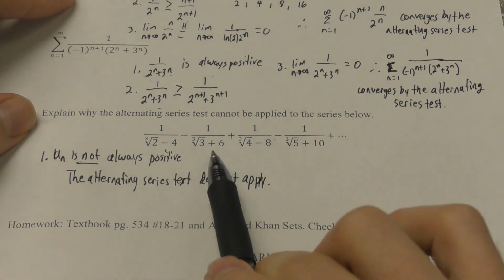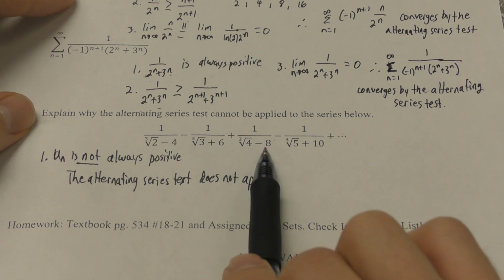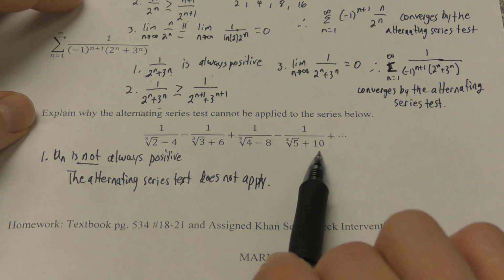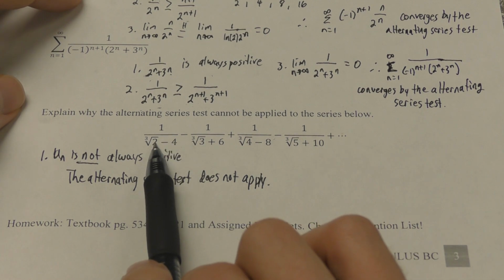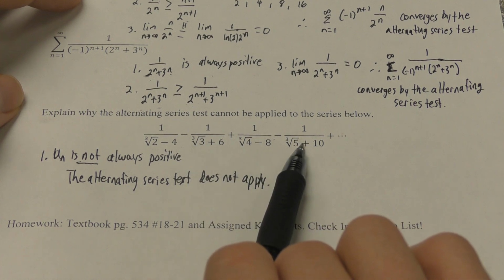All right. This next term would be positive with a minus sign. This next term would be back to being negative. Then this term would go back to being positive. Wait a minute. We've got to think. So if this is actually negative, this one would be positive, this one would be negative, this one would be positive.